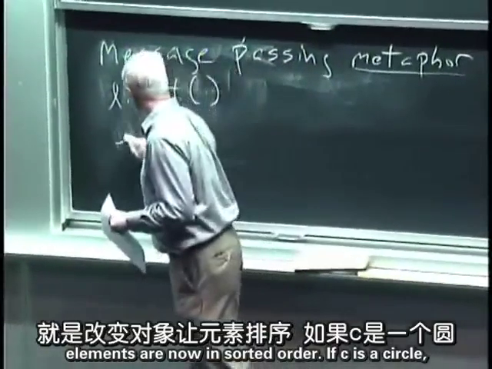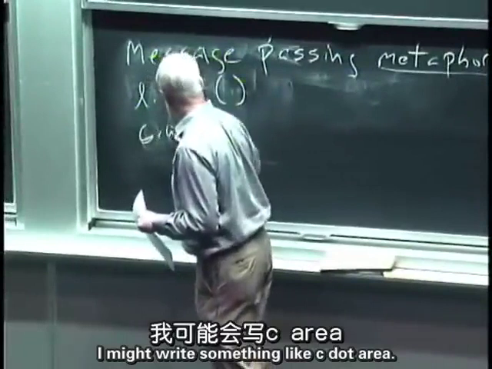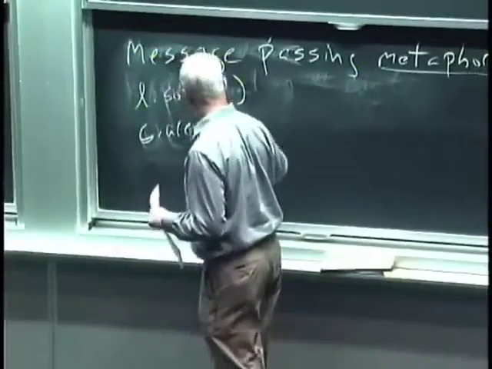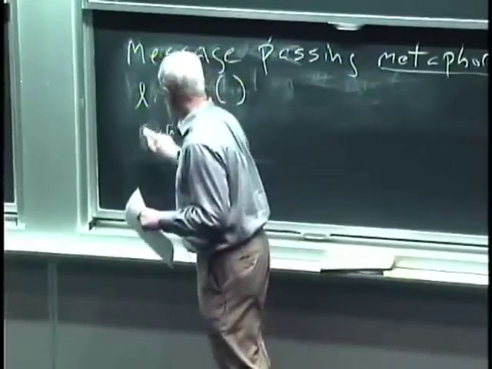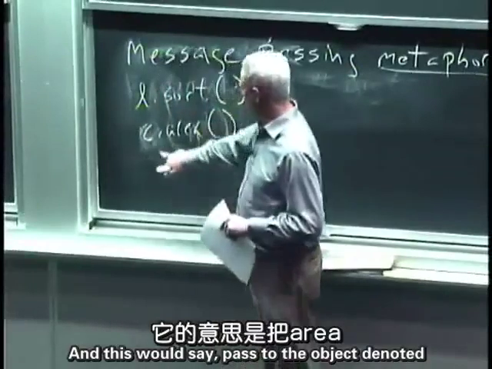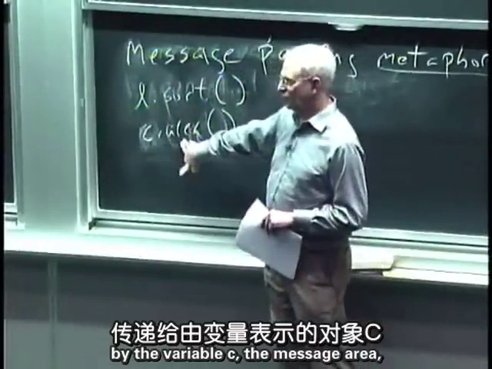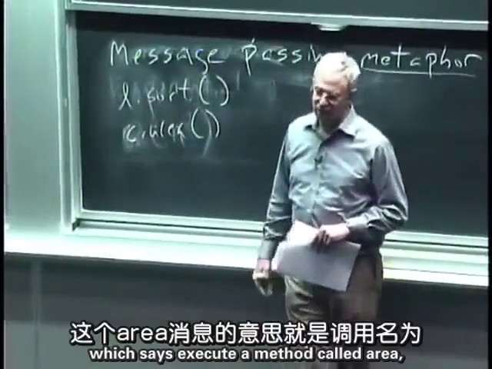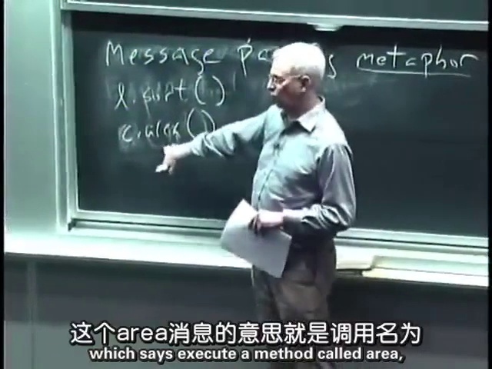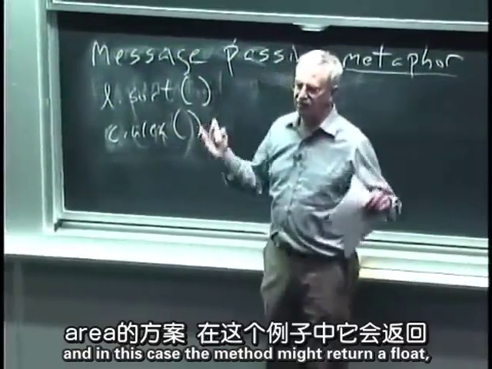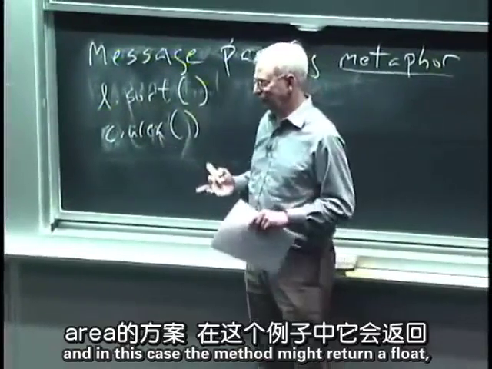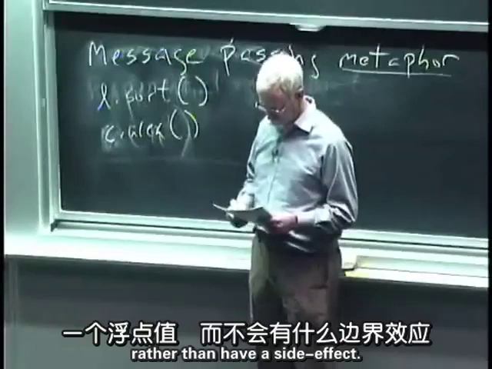If C is a circle, I might write something like C.area. And this would say, pass to the object denoted by the variable C the message area, which says execute a method called area. And in this case, the method might return a float rather than have a side effect.